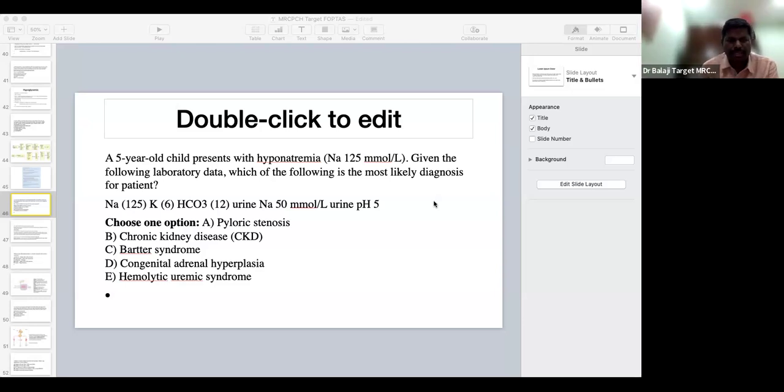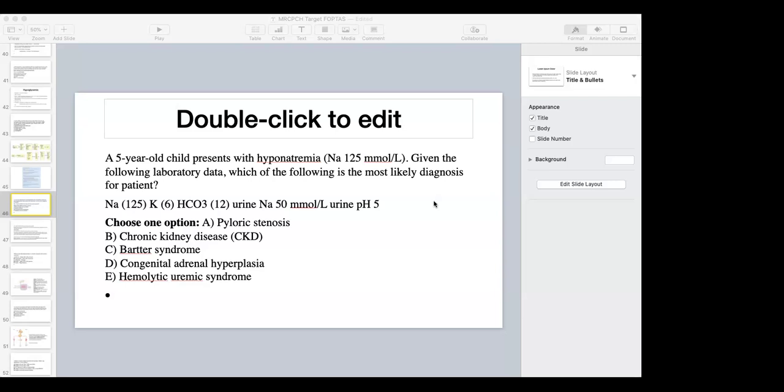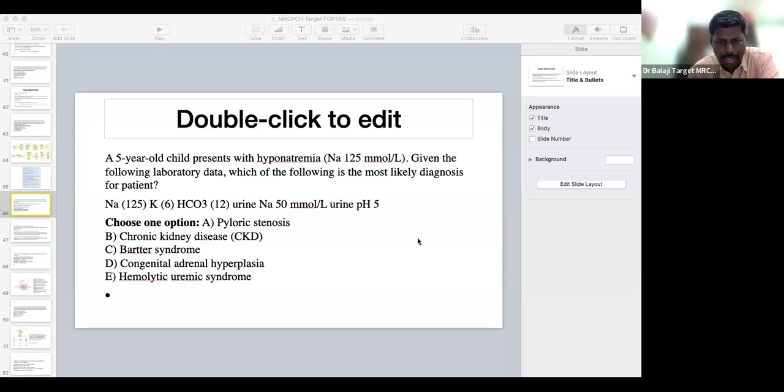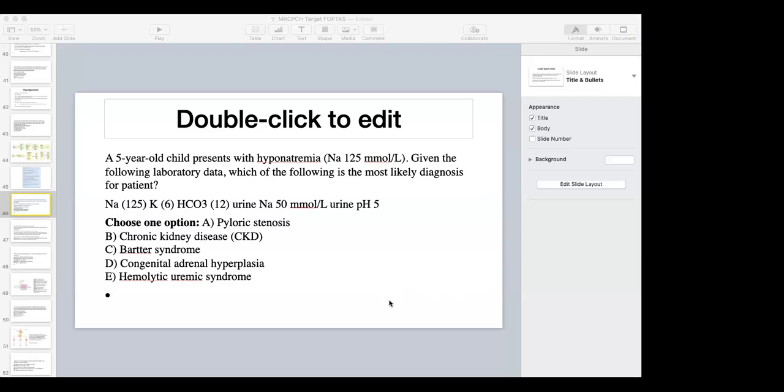So which condition is this? Sir, is it congenital adrenal hyperplasia? Yes, it is congenital adrenal hyperplasia. So how will you explain the electrolyte imbalance in congenital adrenal hyperplasia?